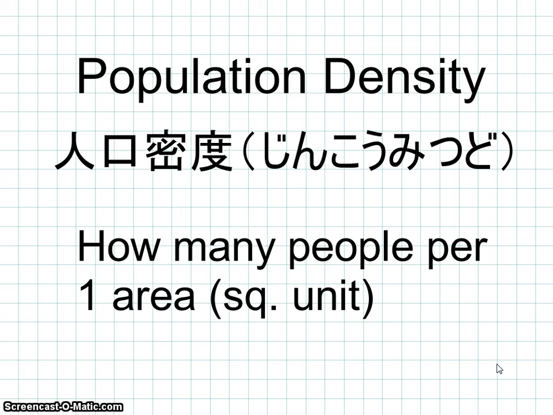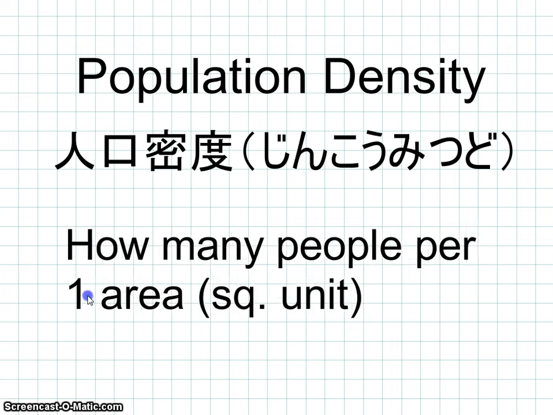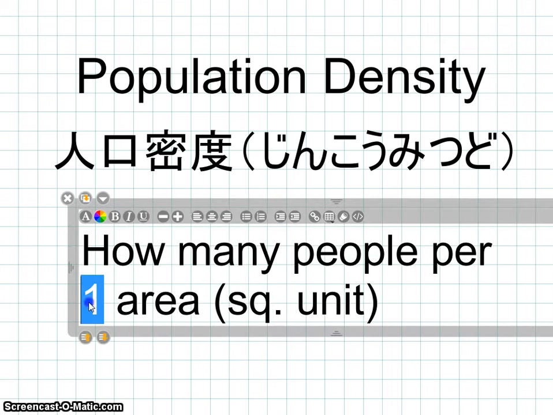But again, when we're talking about population density, we're talking about how many people are there for one, keyword is one, okay, square unit, or area.